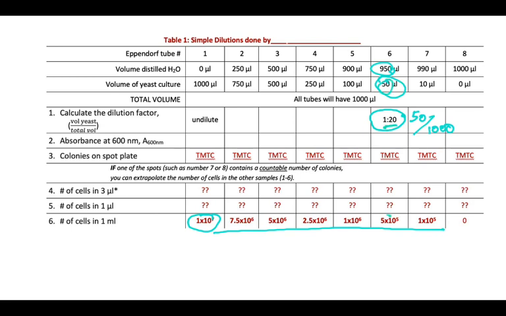That's how we get 1 to 20. And to get to 5 times 10 to the 5, we're going to divide 1 times 10 to the 7 by 20. That's going to give us 0.05 times 10 to the 7, and we simplify that to 5 times 10 to the 5.